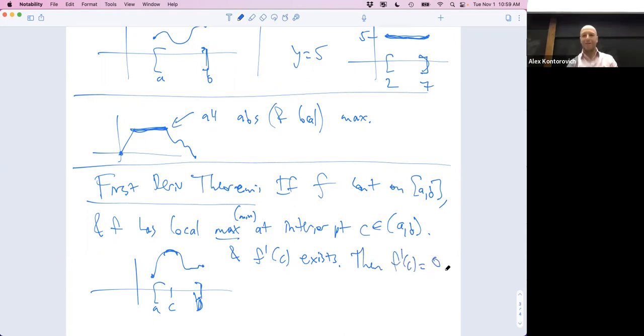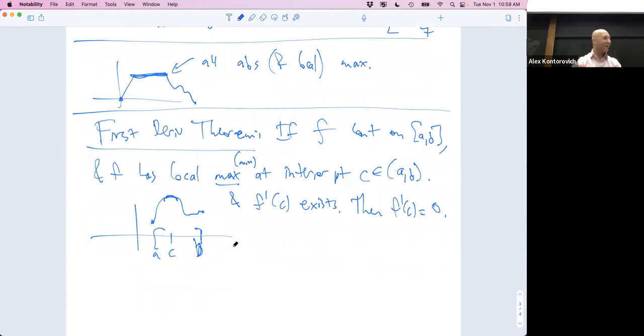So if there's an existing derivative at that point, then that derivative must be 0. Exactly. We used this theorem kind of in our minds in our previous example, but now we can actually rigorously prove it. Forget about global, because we'll discuss in a second a general strategy for all kinds of maxes and mins.